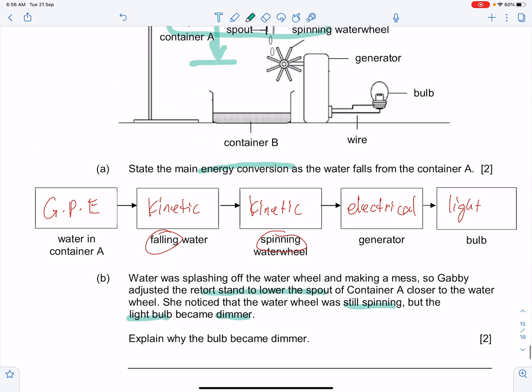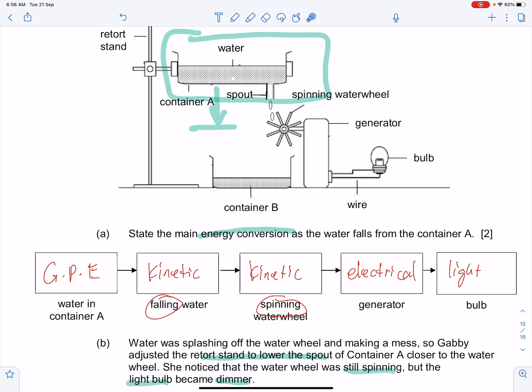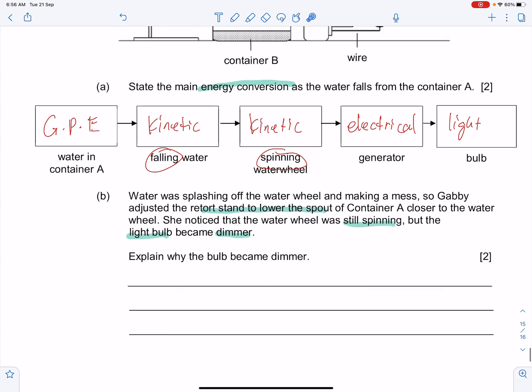So what does all this mean? This is a very straightforward question. When you lower your container here, you're actually lowering your water, which lowers your GPE. So lesser GPE is converted to lesser kinetic energy of your falling water, which results in lesser kinetic energy of the spinning wheel, and then lesser electrical energy, which means that your bulb gives off less light, and therefore it became dimmer.